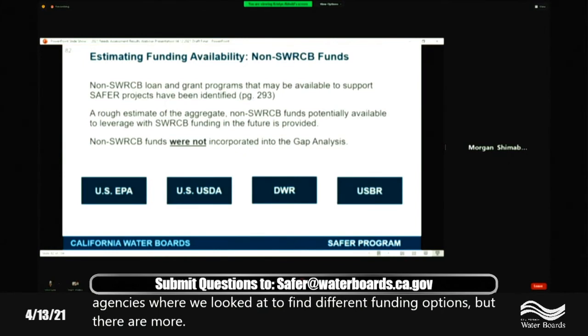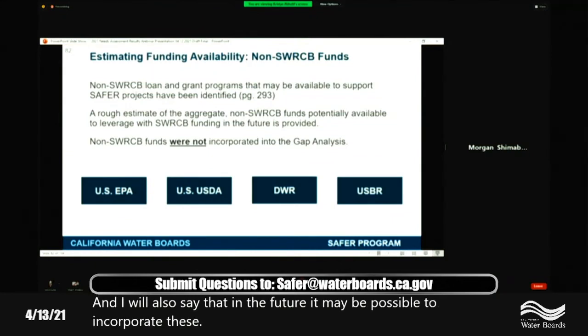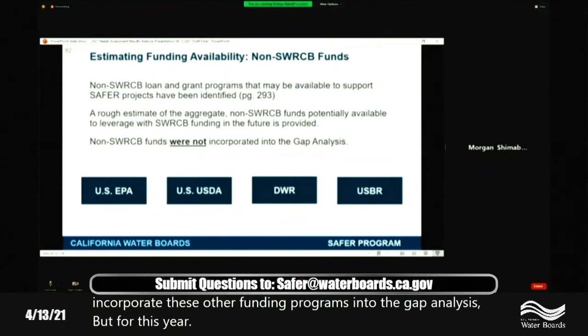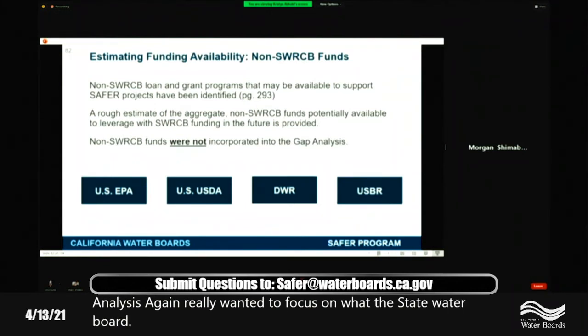And I will also say that in the future, it may be possible to incorporate these other funding programs into the gap analysis, but for this year, the analysis again really wanted to focus on what the state water board could fund and prioritizing state water board funding.